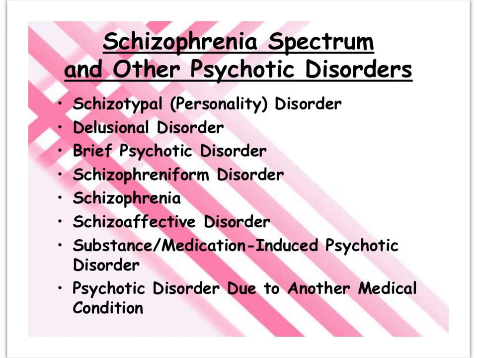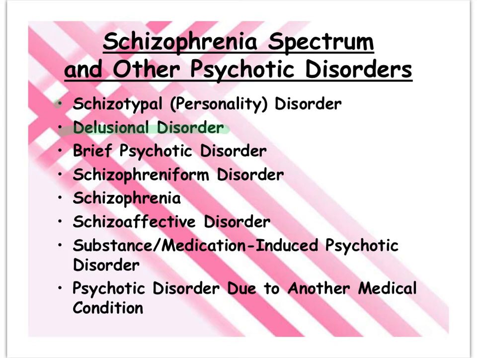So looking down this list, and what we didn't talk about, I told you I would talk about this. For delusional disorder, it used to be called paranoid disorder. In this disorder, somebody has non-bizarre types of delusions for at least a month in duration. They don't typically have auditory or visual hallucinations. If they do, they're not prominent.